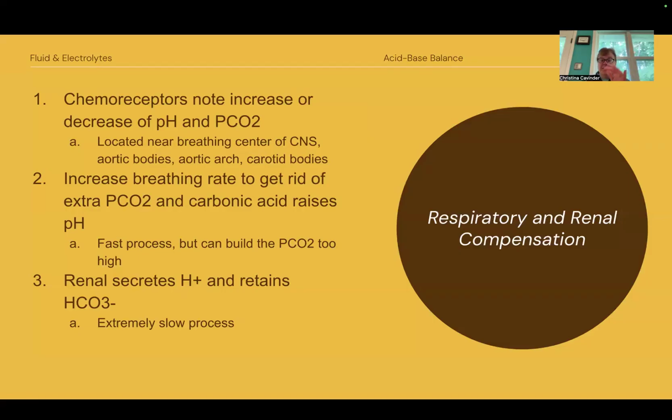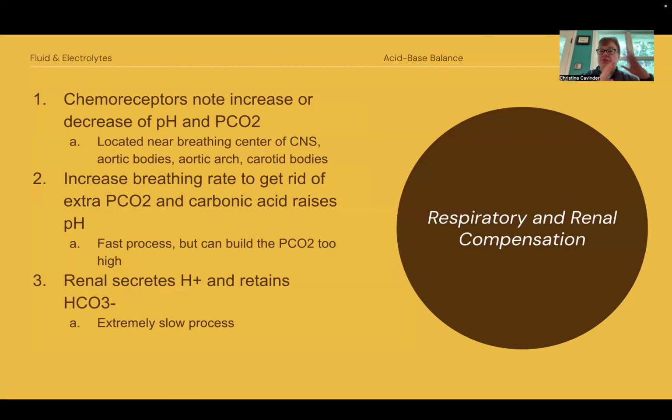We looked at the chemistry already on that. The kidney will secrete hydrogen ion and retain the bicarb. So the breathing rate is compensating for your levels, but so does the kidney. The kidney is very, very slow. It won't kick in for a while.